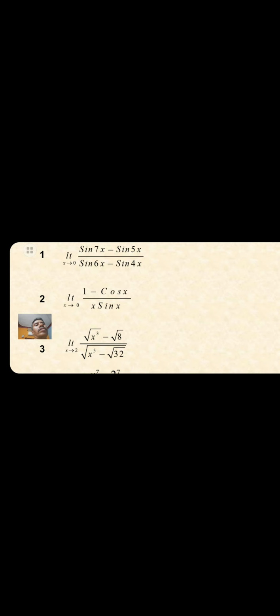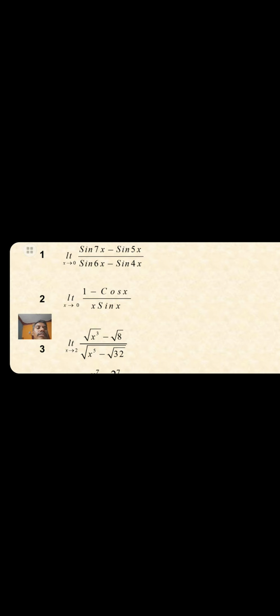Here you can use the trigonometric formula again. 1 minus cos x you can represent as 2 sin square x by 2, and sin x you can represent as 2 sin x by 2 into cos x by 2. Like that you can substitute and simplify and then bring it into the standard form, then use the formula, then we will get the value.